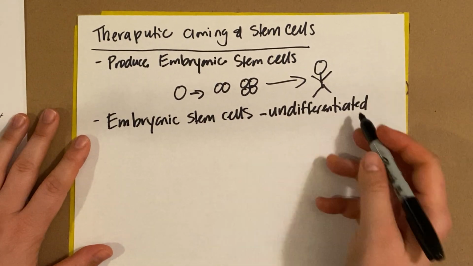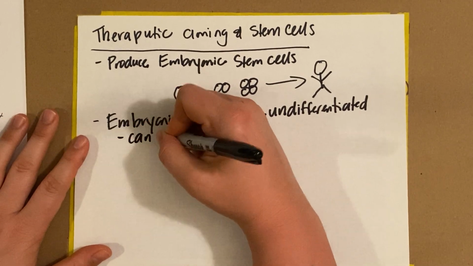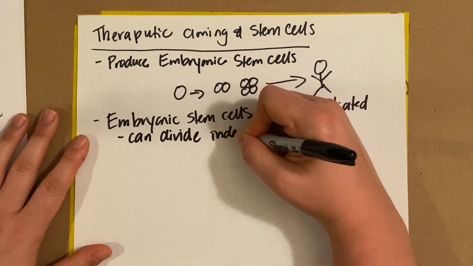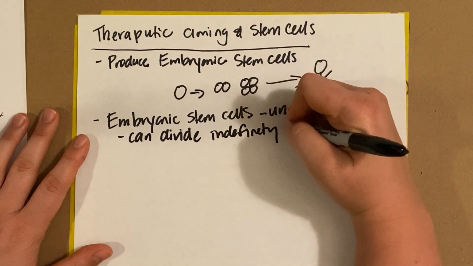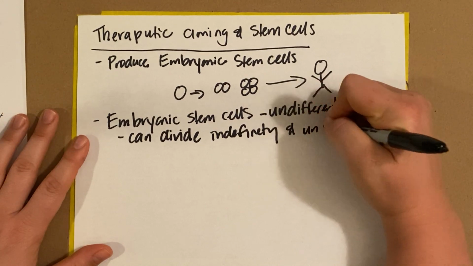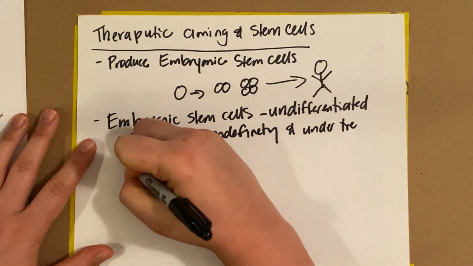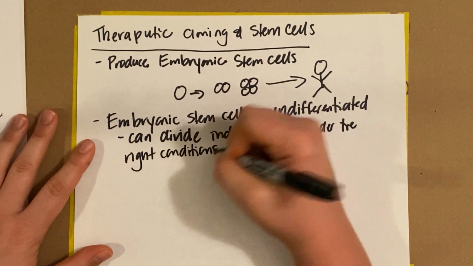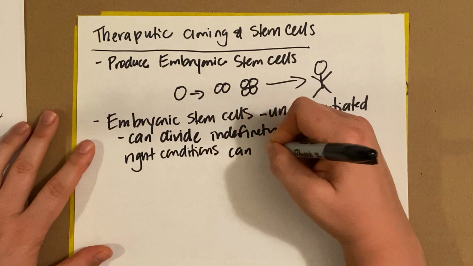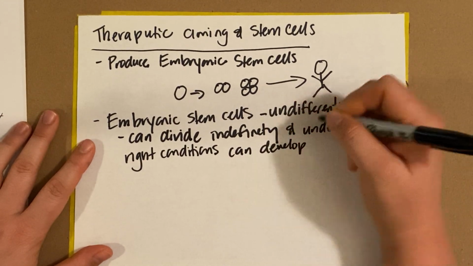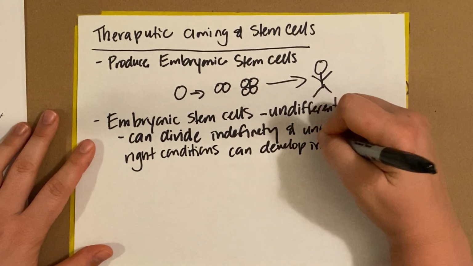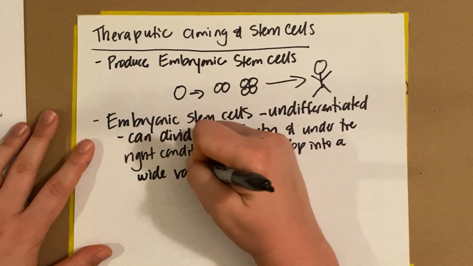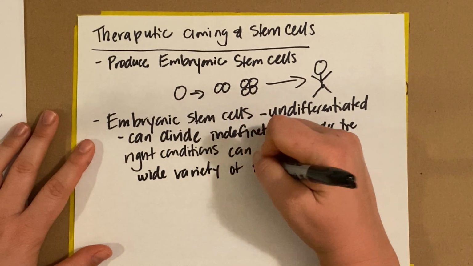Okay, they're undifferentiated and they can divide indefinitely, and under the right conditions can develop into a wide variety of specialized cells.